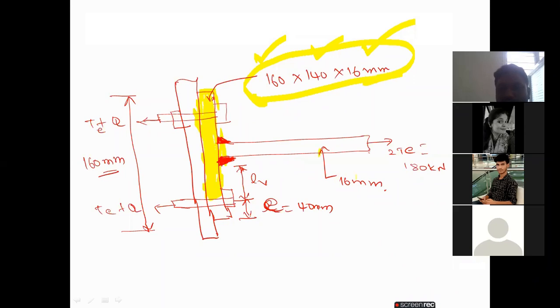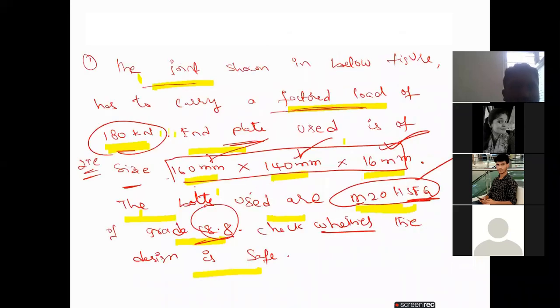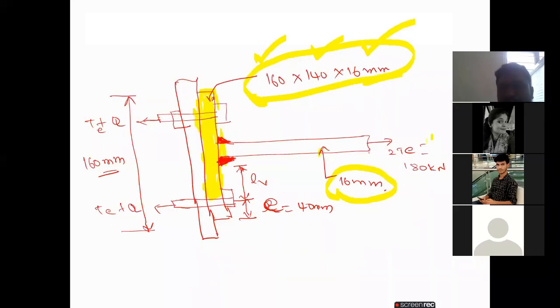This plate thickness is also 16 mm. And there is a factored force given in the problem. What is that factored load? 180 kilonewton. In this diagram, that is 2 TE equal to 180 kilonewton. Then TE equals 90 kilonewtons.